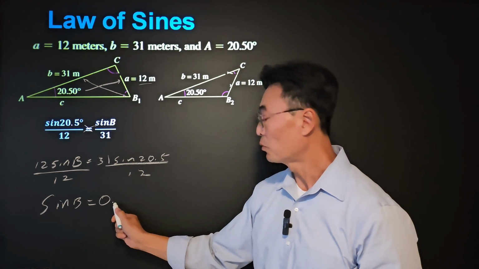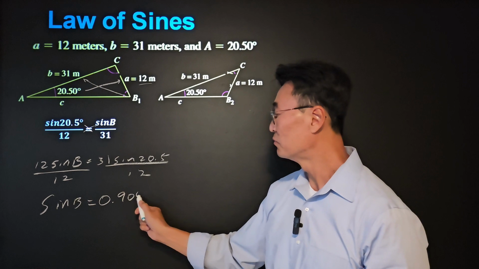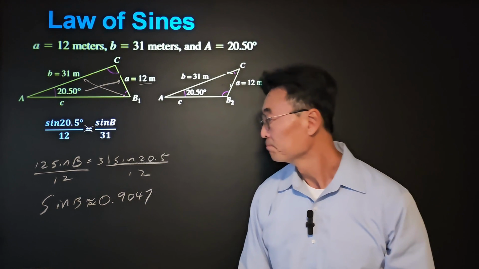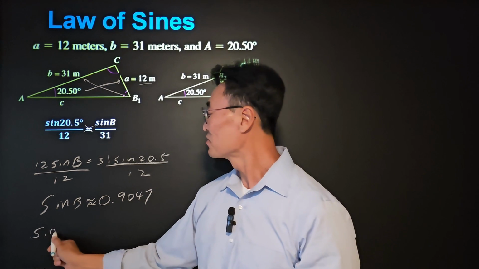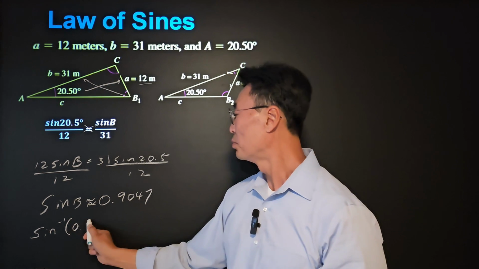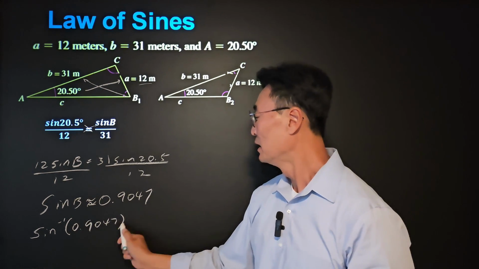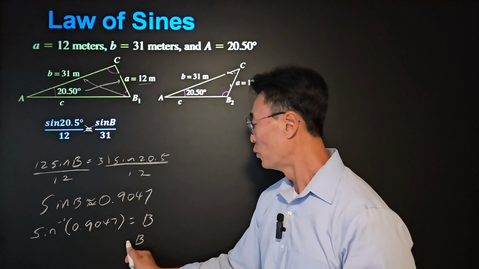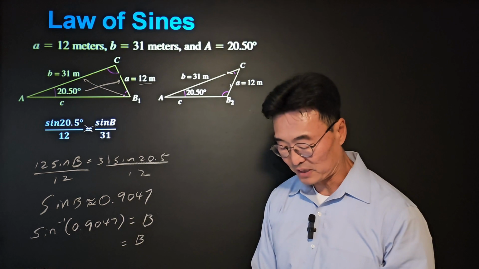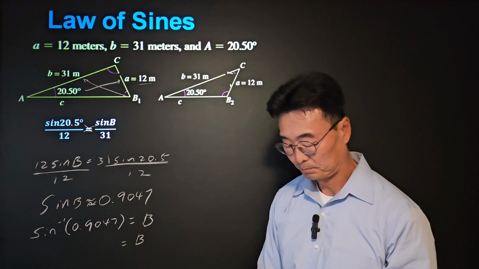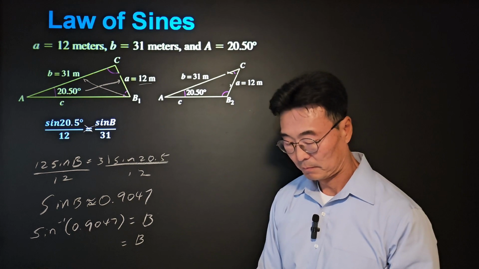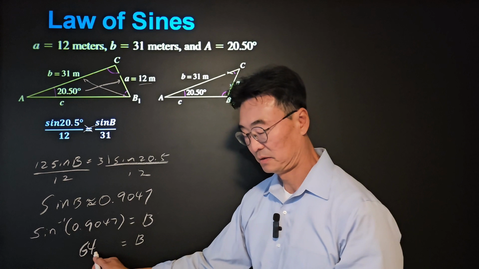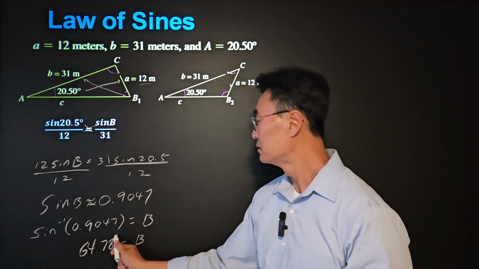and it gives us 0.9047. Again, this is approximate, so round it off. Then we'll take the inverse sine of 0.9047, and we'll set that equal to angle B, where B will equal, if I take the inverse sine of that, 64.78 degrees.